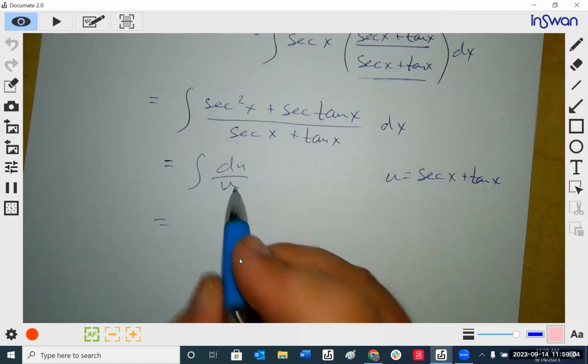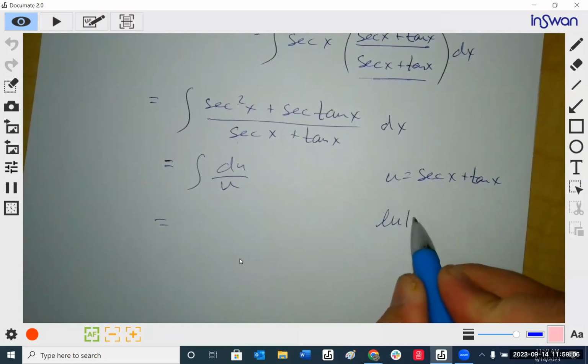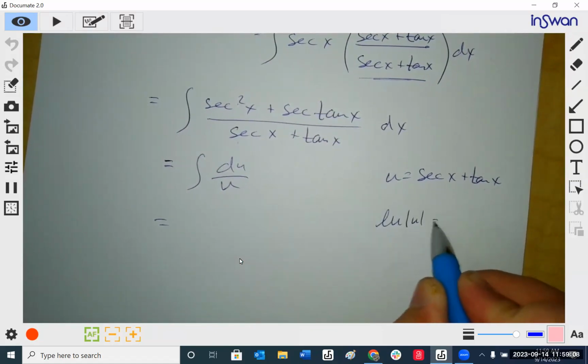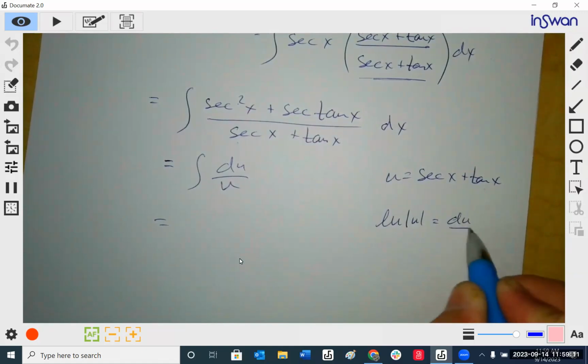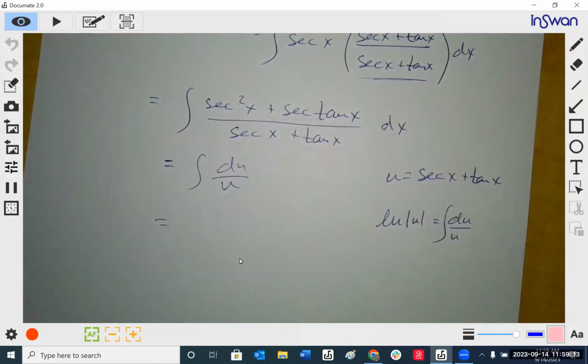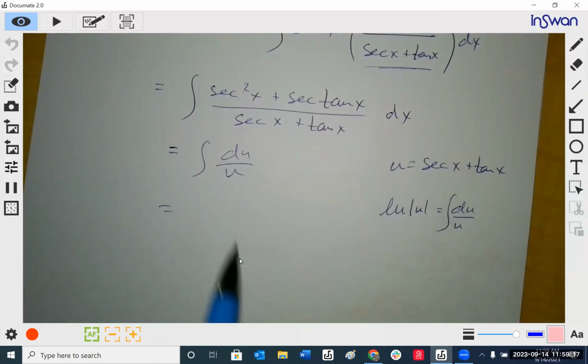Du over u, the integral is ln of the absolute value of u, and that's the identity from the chart.